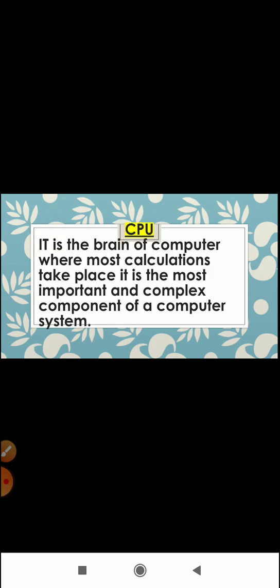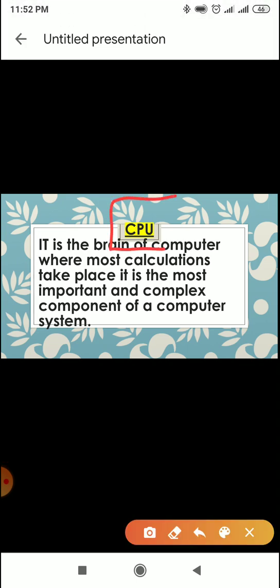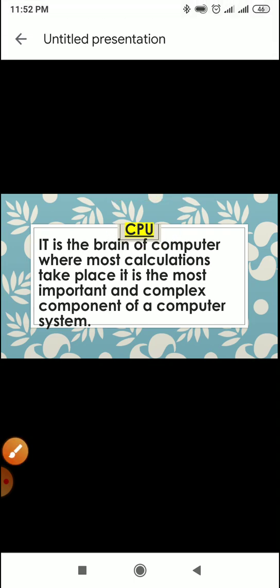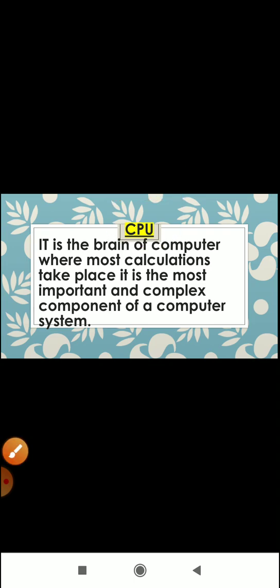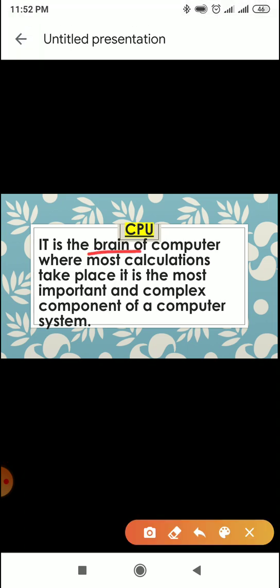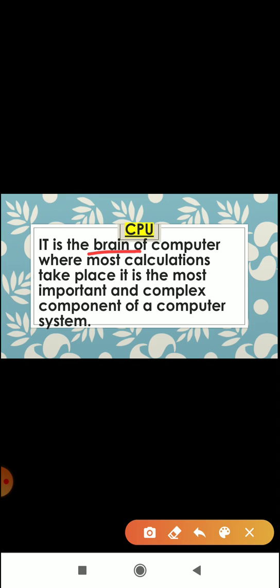Processing unit means the CPU. It is the brain of the computer where most calculations take place. It is the most important and complex component of a computer system.